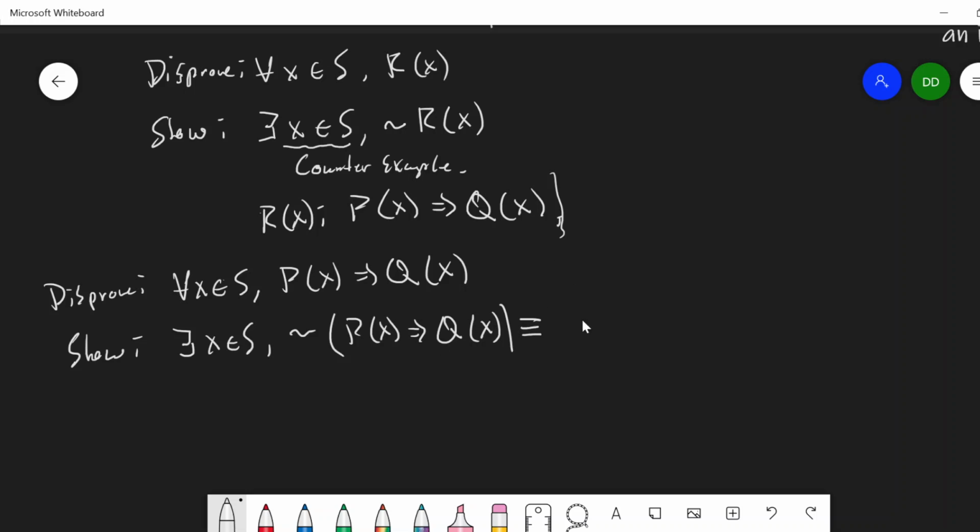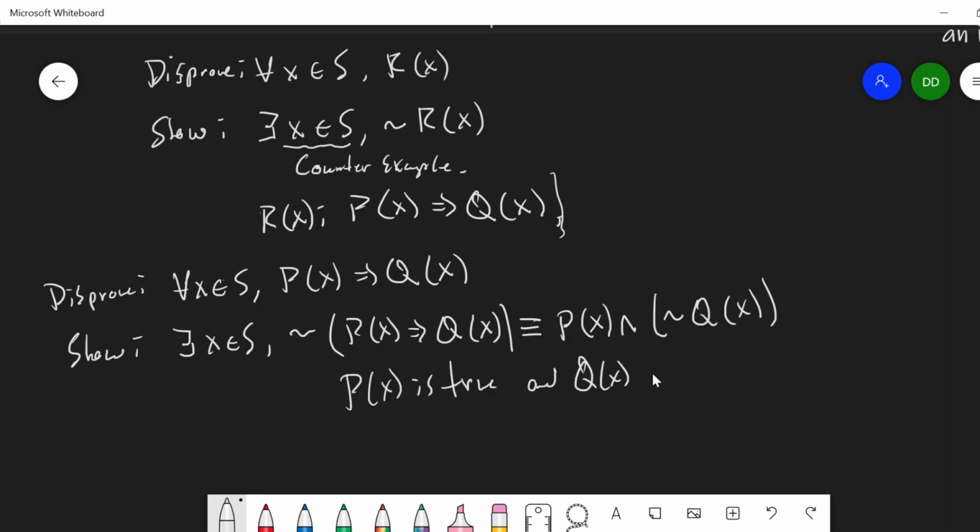Remember that this is equivalent to P of x being true and Q of x being false. So to disprove this statement, we want to come up with this example x in S such that P of x is true and Q of x is false. That would disprove the implication.